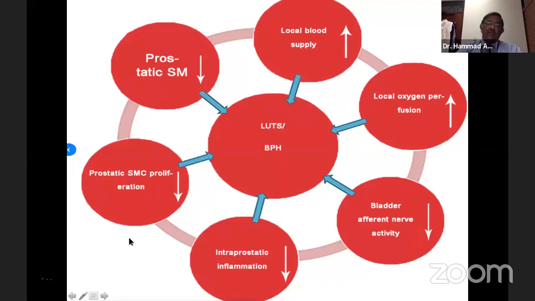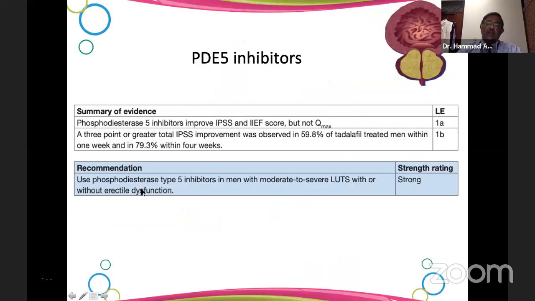Intraprostatic inflammation is decreased, and this can result in help. If you look at the guidelines, they have some impact on decreasing the IPSS and IIEF scores. IIEF score is the erectile dysfunction score, but not significantly the Qmax.